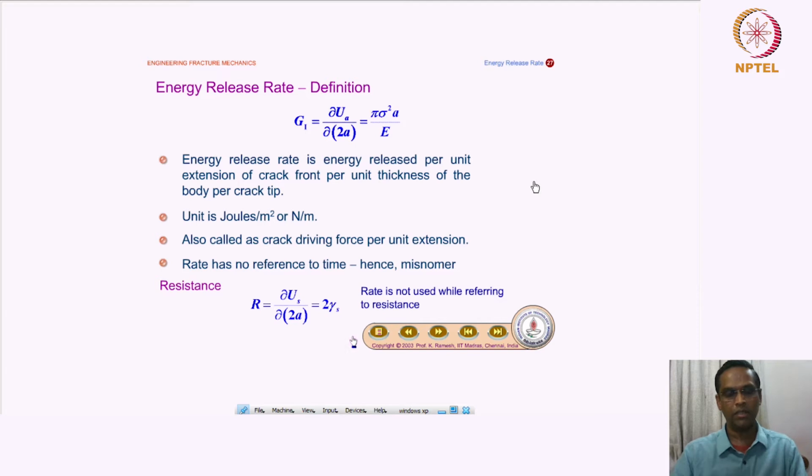In this analysis also, Griffith assumed that the flaw, like the dislocation we assumed in the theoretical evaluation, is the flaw size in the brittle material.